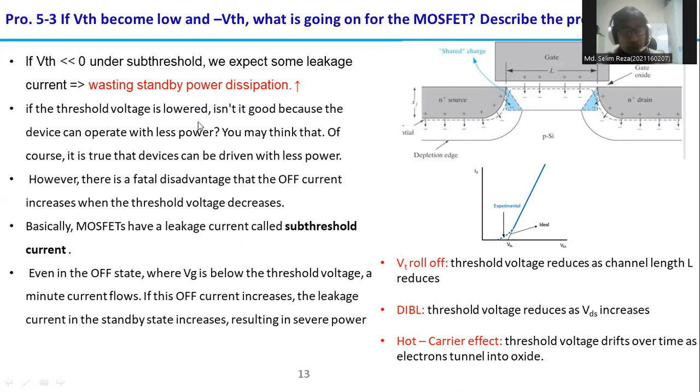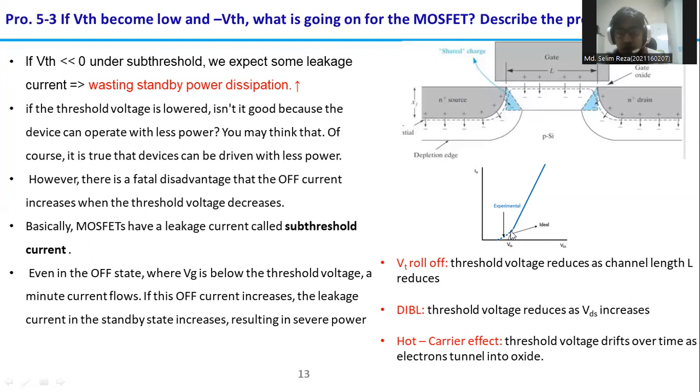If the threshold voltage is lower, then is it good? Isn't it good, because the device is operated with less power? Of course, it is true that the device can be driven with less power. However, it is a fatal disadvantage that the off current increases when the threshold voltage decreases.